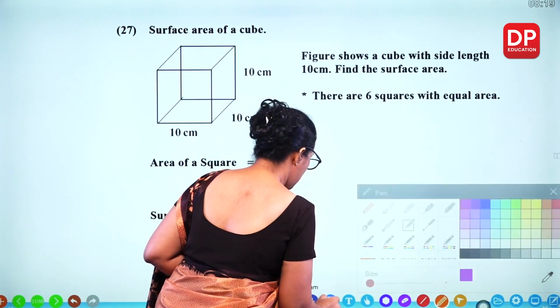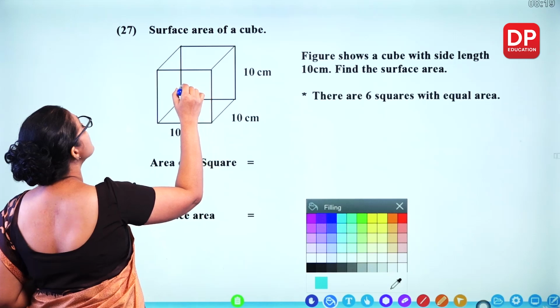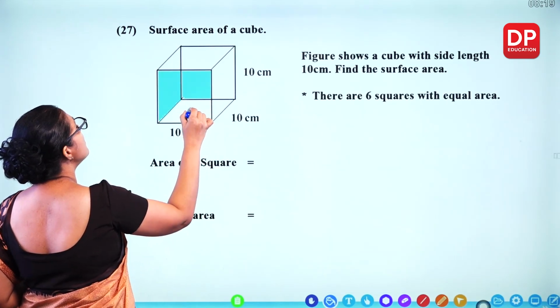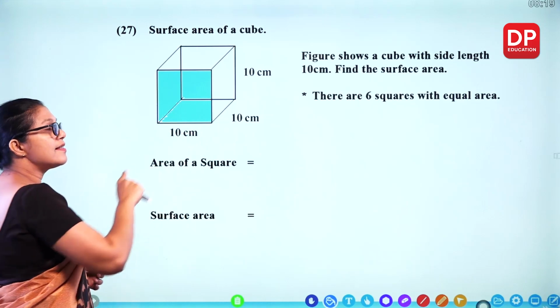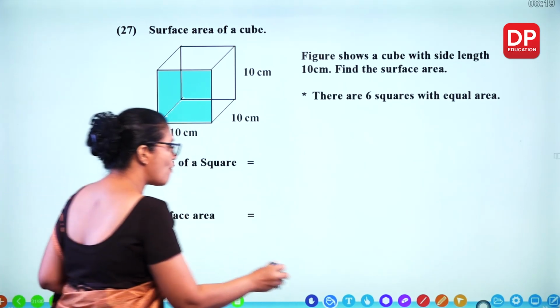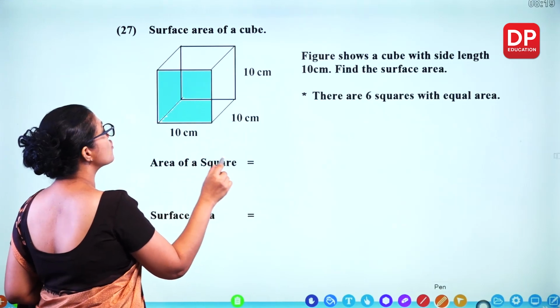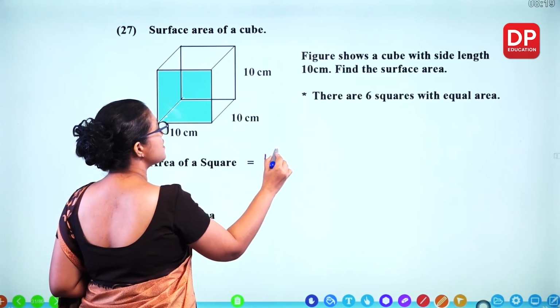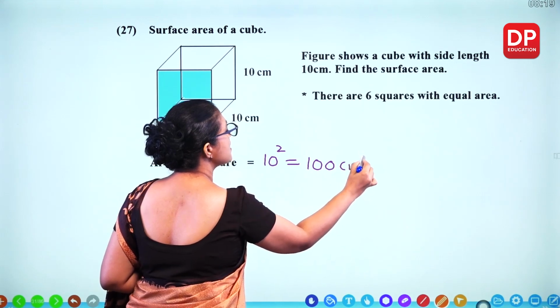So I'll show with one side here. This is one side. Length is 10. This is a square. So what's the area of one side? Area of a square is 10 times 10, 10 squared, that's 100 square centimeters.